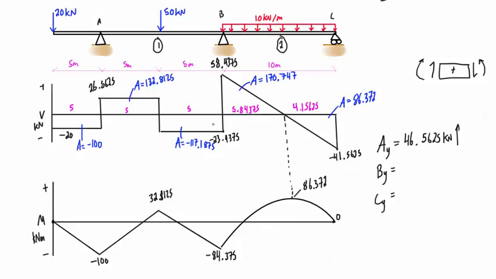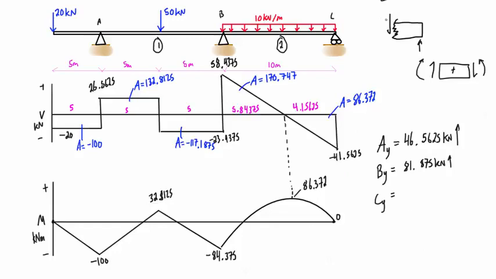BY, same thing. We're jumping from negative 117.1875 up to 58.4375. So the sum of the absolute values of those is going to be 81.875 kilonewtons. Again, that's pressing up. And then when we look here at C, we're getting an internal shear of negative 41.5 right at the left-hand side of C. So if we draw a little virtual cut, here we have C, the internal shear is going down, right?